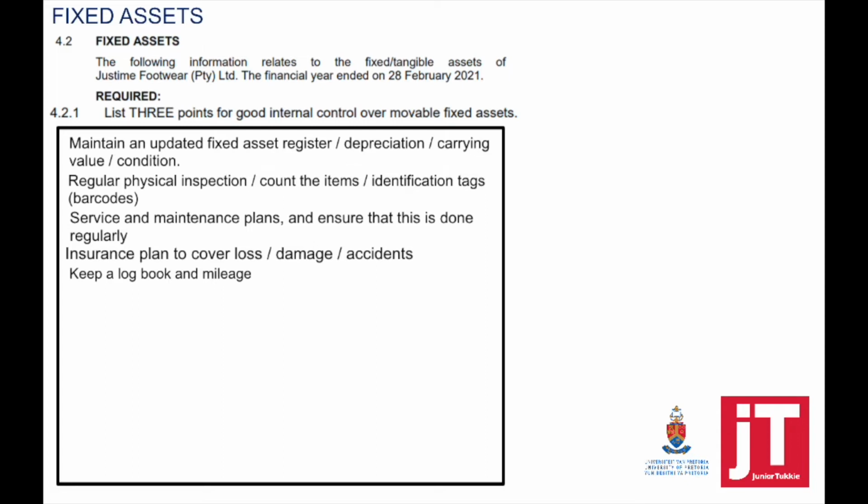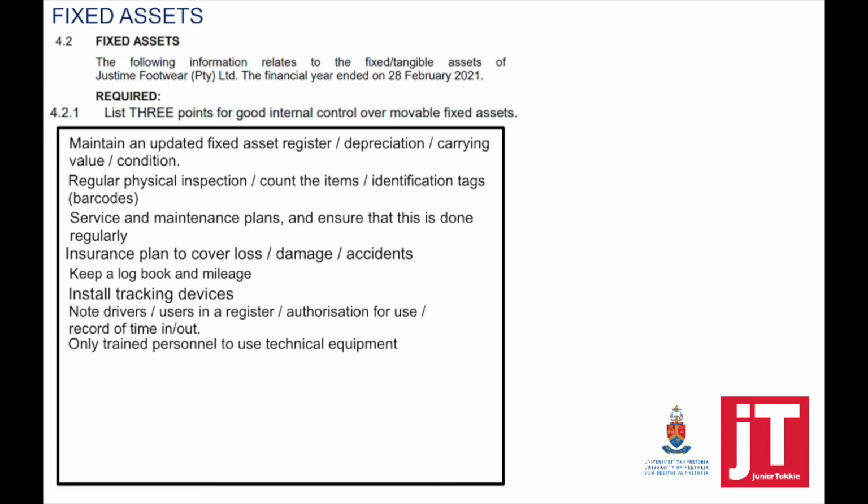Keep a logbook of the mileage. Install tracking devices. Note drivers or users in a register, authorization for use, record of time in and out. Only trained personnel to use the technical equipment.